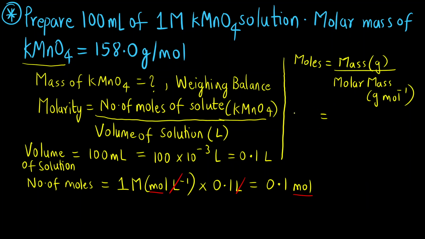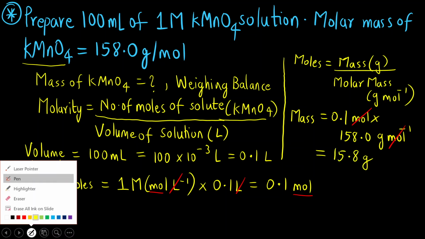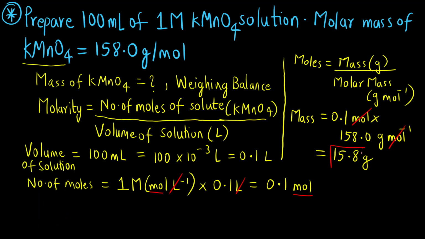So the mass that we have to calculate is 0.1 mole multiplied by the molar mass that is given, 158.0 gram per mole. Here again, mole and mole inverse get cancelled, and 158 into 0.1 will be 15.8 grams. So this is the total amount of KMnO4 that we have to weigh to prepare this 100 ml of 1 molar KMnO4 solution.